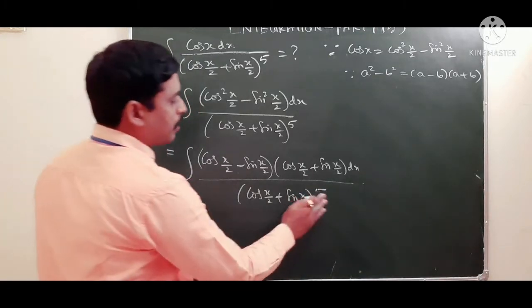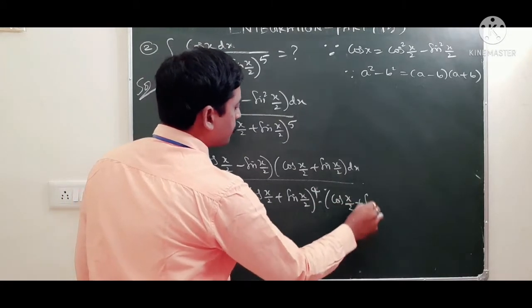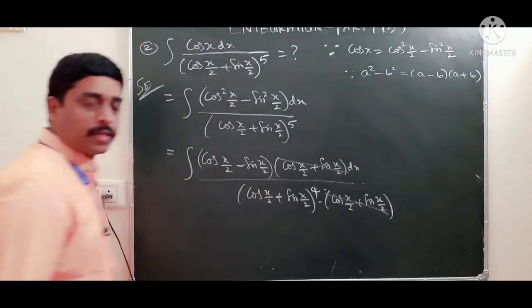Power 5 can be written as power 4 into (cos x by 2 plus sin x by 2). One (cos x by 2 plus sin x by 2) gets cancelled.